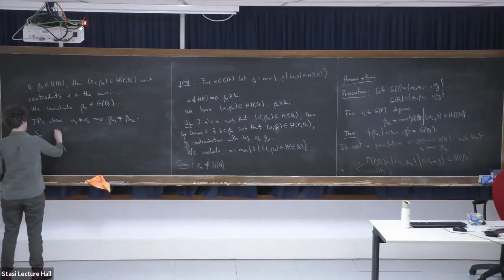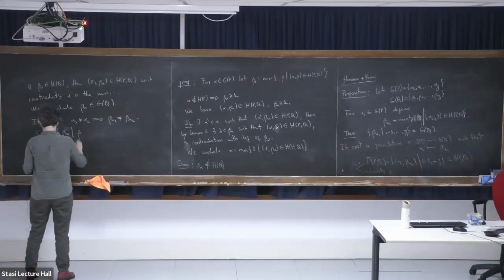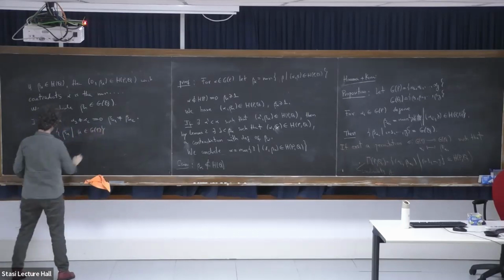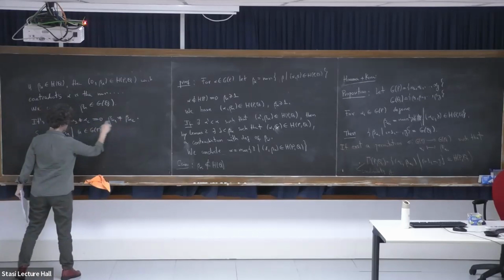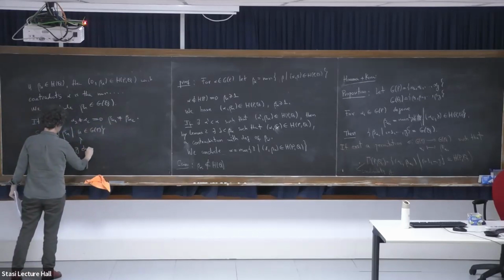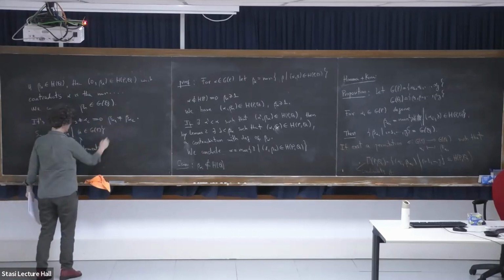So the number of beta alphas such that alpha is here, this set has G elements, because the function is injective.